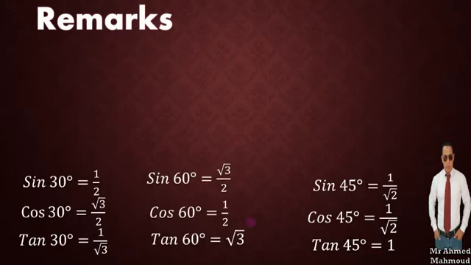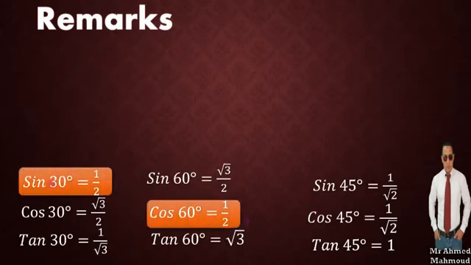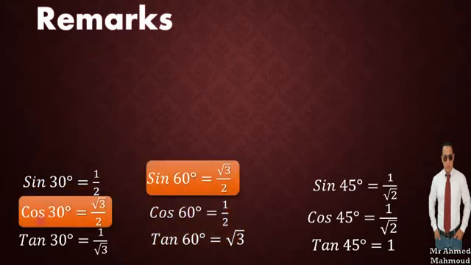By looking at sine 30 and cosine 60, we observe that sine 30 equals half and cosine 60 equals half. That's because 30 plus 60 equals 90. Another remark, cosine 30 equals root 3 over 2 and sine 60 also equals root 3 over 2. That's because 30 plus 60 equals 90.